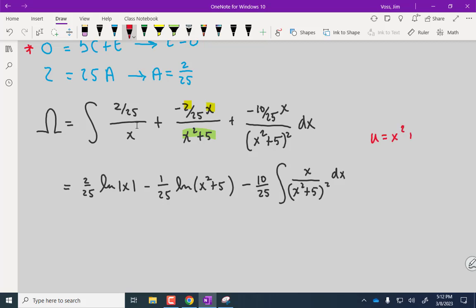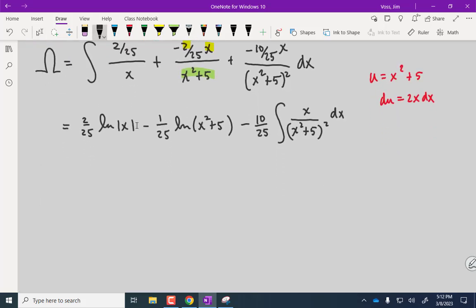If u is equal to x squared plus 5, du is 2x dx. Divide by 2, so we have minus 10 over 25 times a division by 2, integral of u to the negative 2 du.